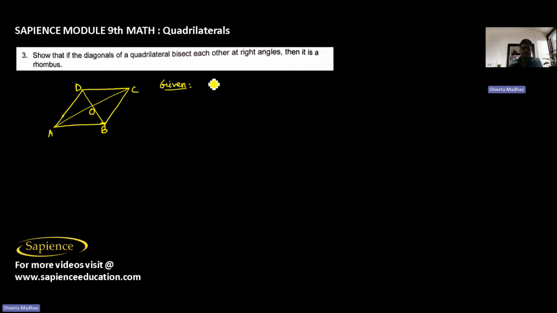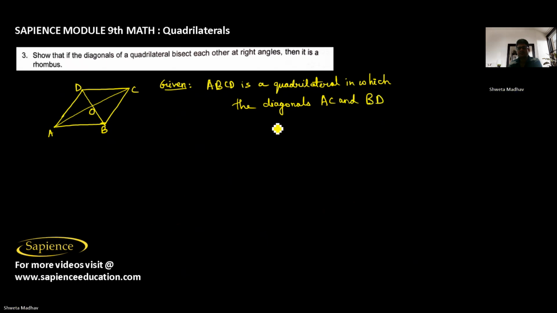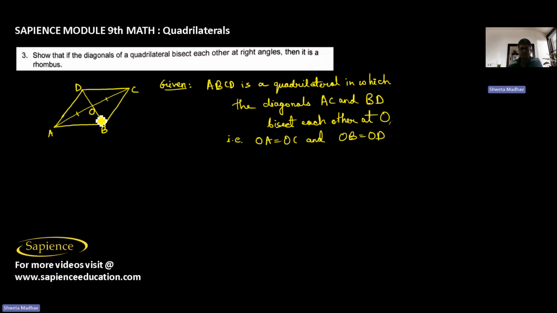So it is given that ABCD is a quadrilateral in which the diagonals AC and BD bisect each other at the point O, that is, OA equals OC and OB equals OD.